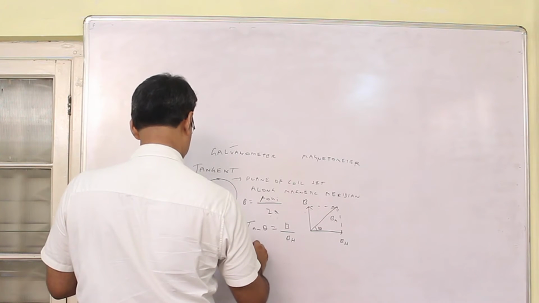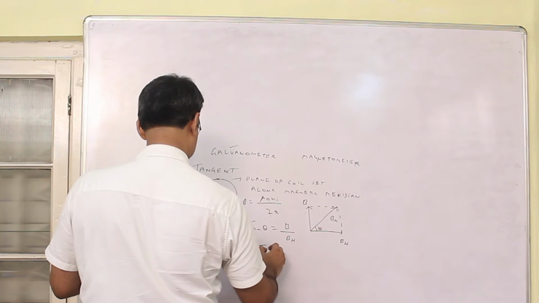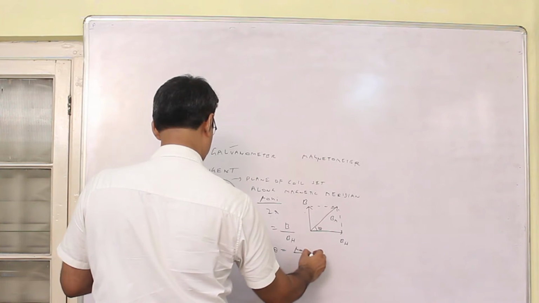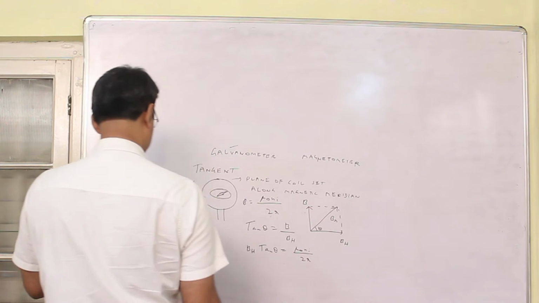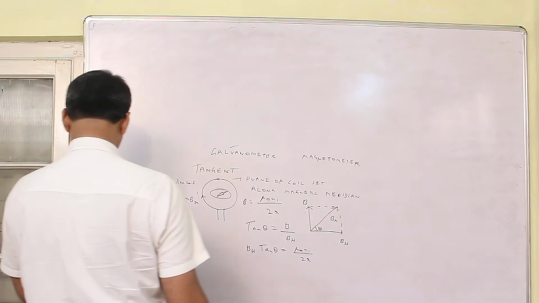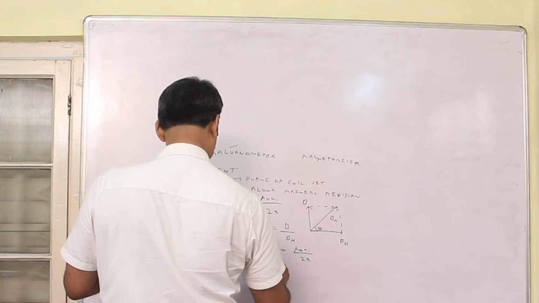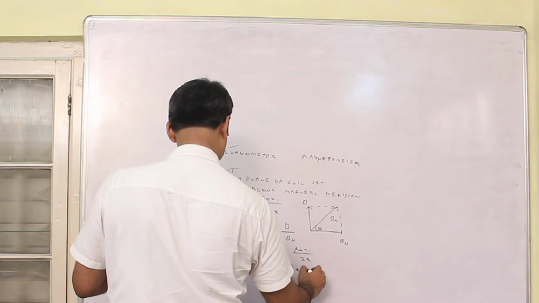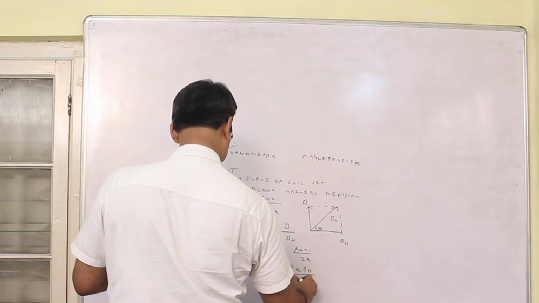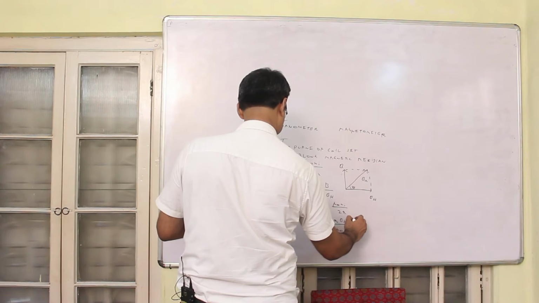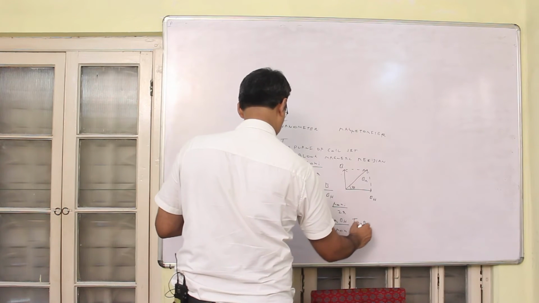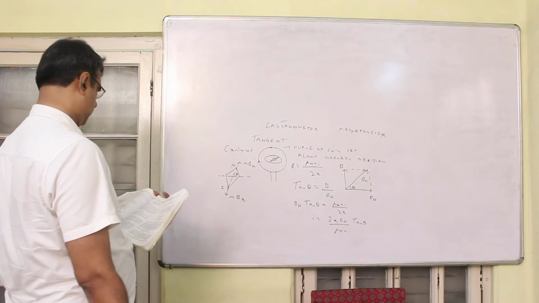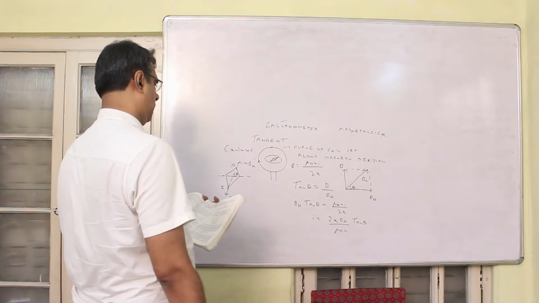So B is equal to BH tan theta, which is equal to mu naught Ni by 2R. So I is coming 2R into BH into tan theta by mu naught N.